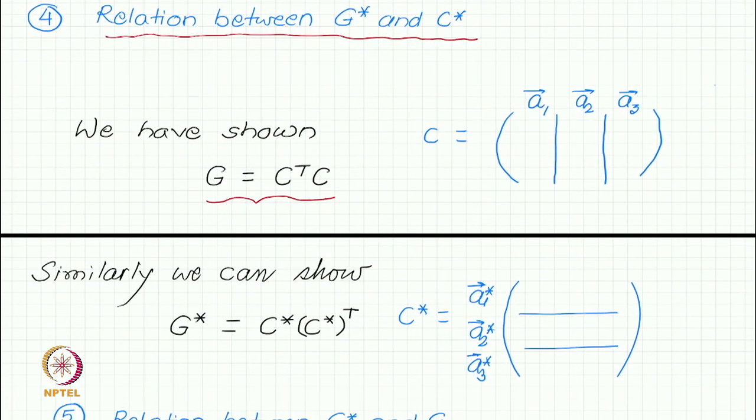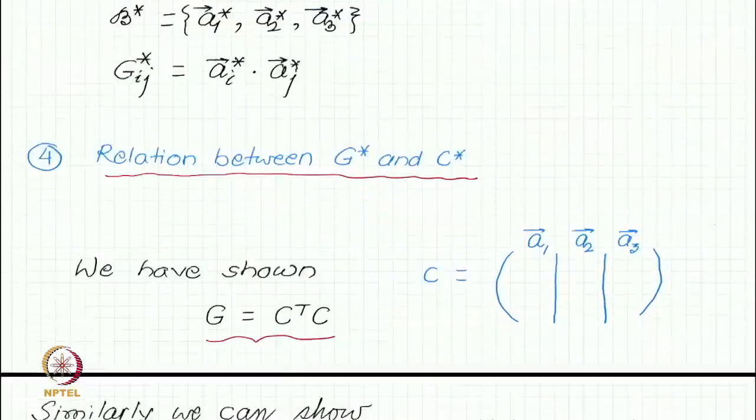So, there it was C transpose C, here it becomes C star C star transpose, and this flipping of sequence is because again it is the same convention, going back to the convention.